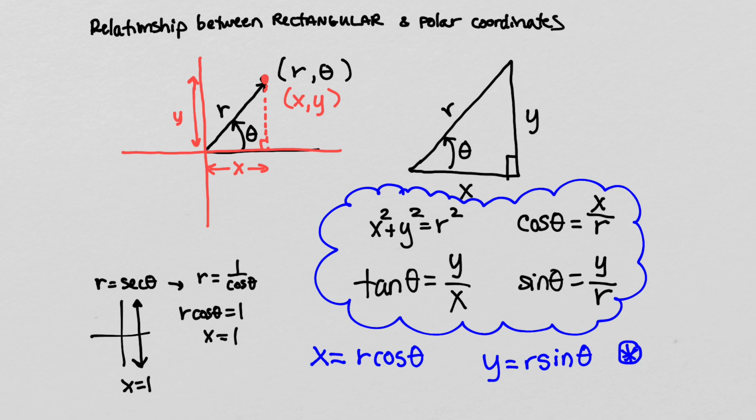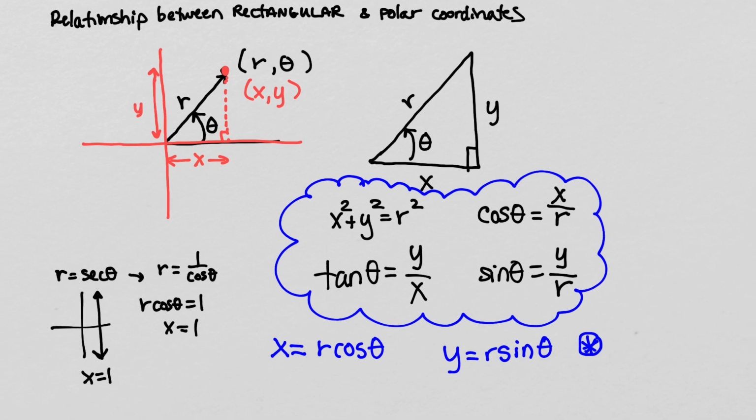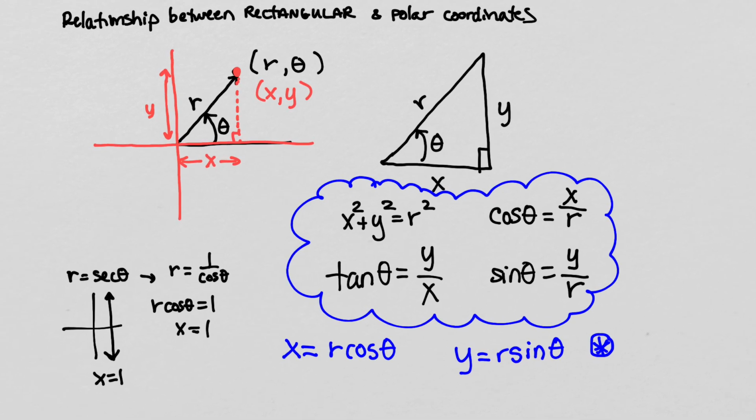This is also the basis for our calculus, namely slope of a tangent line and area. So the last thing we're going to do today is talk about the slope of a tangent line to a polar curve.